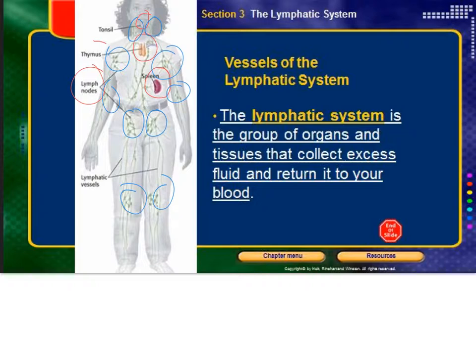Some of them are concentrated there, and then throughout, connecting the lymph nodes, are lymphatic vessels, just like blood vessels, but they're not filled with blood. They're filled with a fluid called lymph.